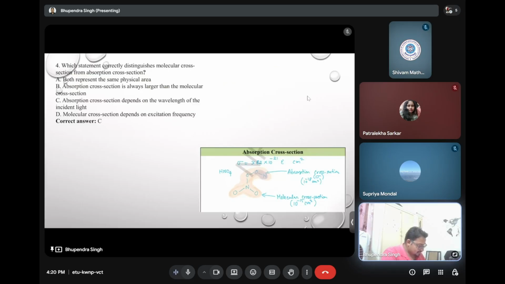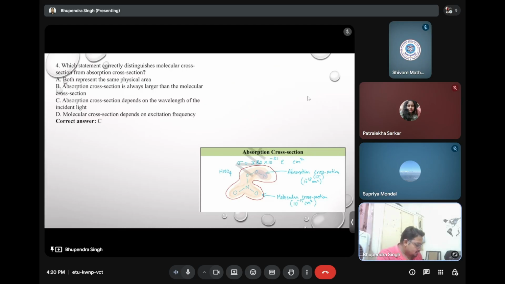See, this is how it looks actually. The molecular cross section is the full molecule. This is the HNO4 molecule. Let's say this is a planar molecule. You just bisect the molecule, and whatever area is covered by the molecule is your molecular cross section.